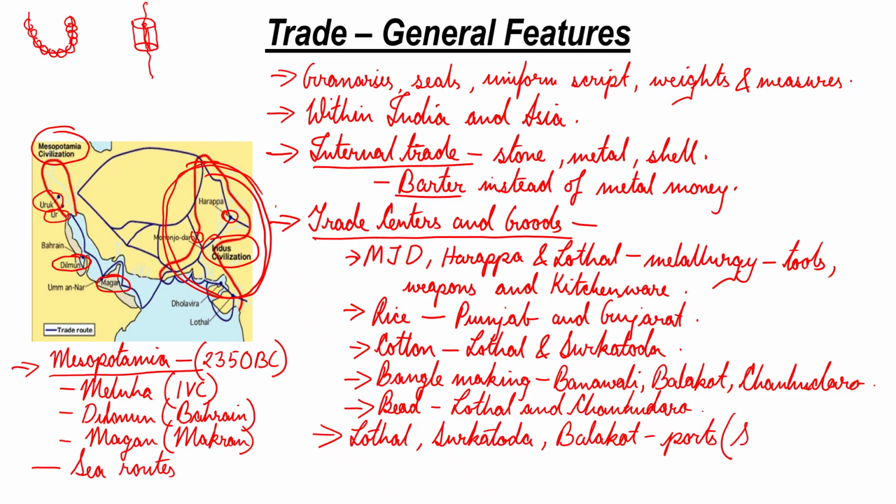So here ships used to dock. Okay, so these were important trading centers, and that can be known from the depiction of ships and boats. So that is all about trade.